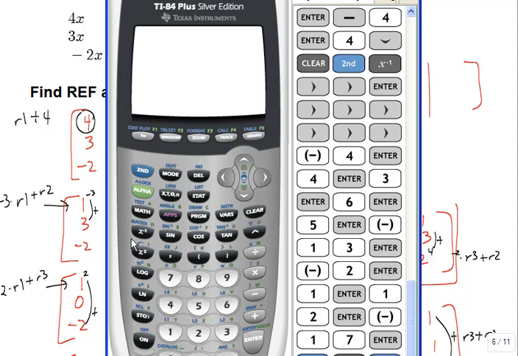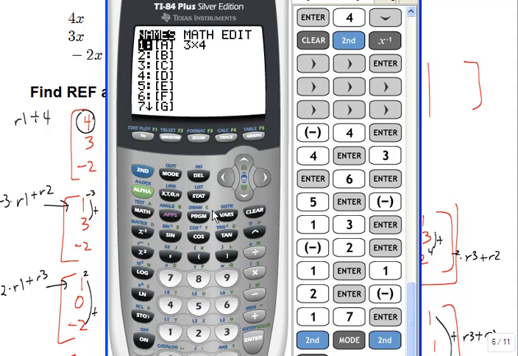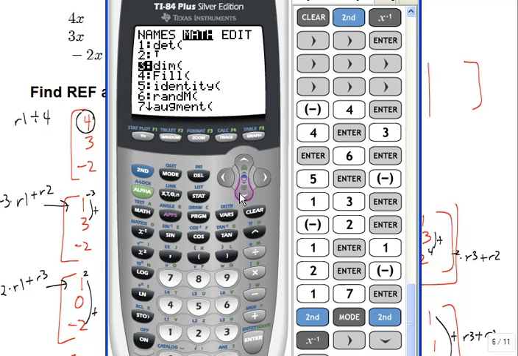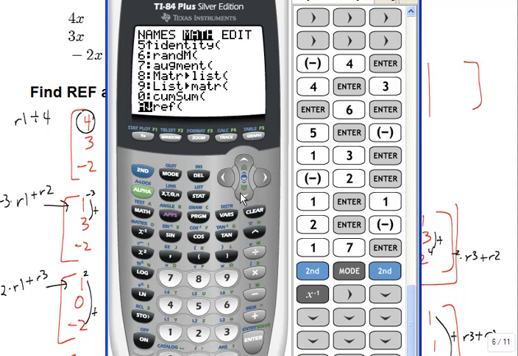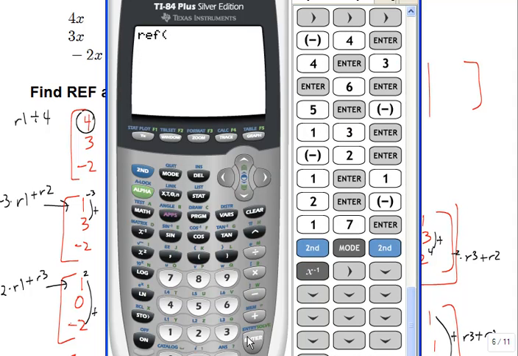So second x to the negative 1. And this time we're going to go over to math, and we're going to turn our matrix into those echelon forms. So let's do our row echelon form first, REF. So that's option A here. Hit enter, and you need to tell it which matrix you want it to turn into row echelon form.